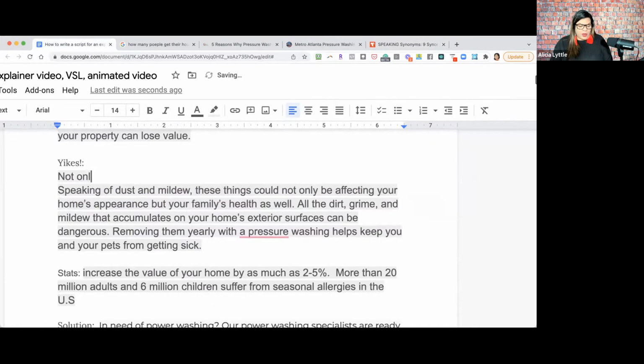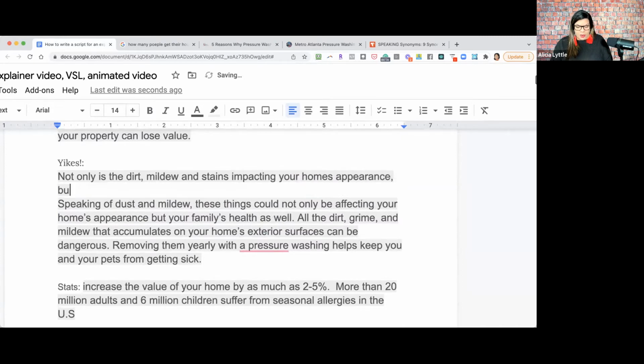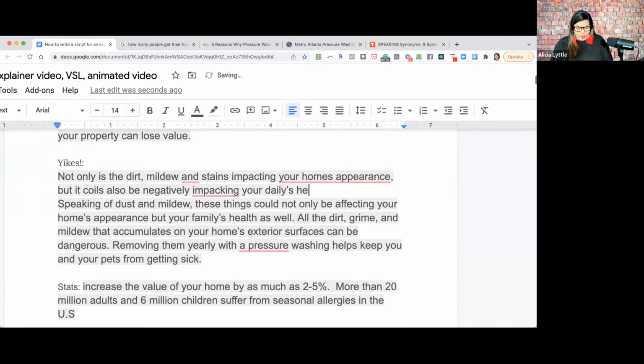All right, let's start with not only. Not only is the dirt, mildew, and stains impacting your home's appearance, but it could also be negatively impacting your family's health.